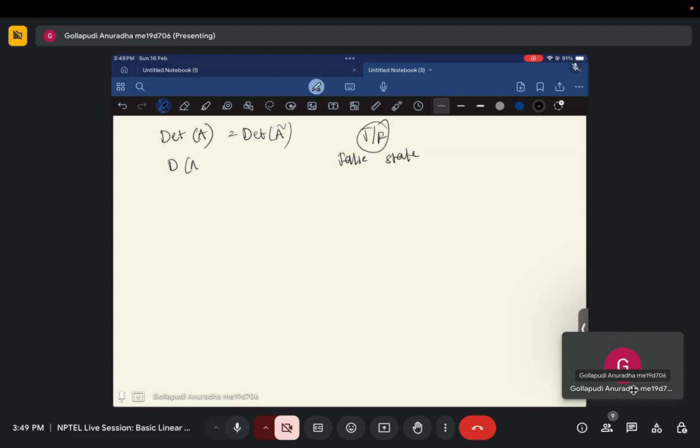When the augmented matrix A augmented with I is converted, A goes to I, and I goes to the A inverse matrix. So you are saying A augmented I, and I'm doing elementary row operations to convert this to I. Is that what you're saying? Yes, ma'am.